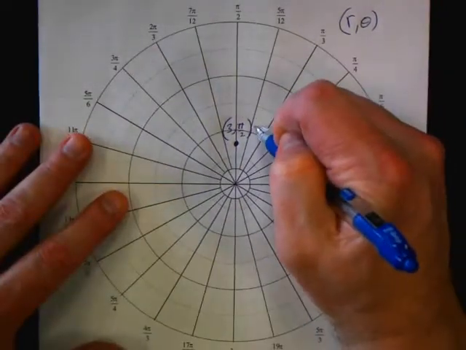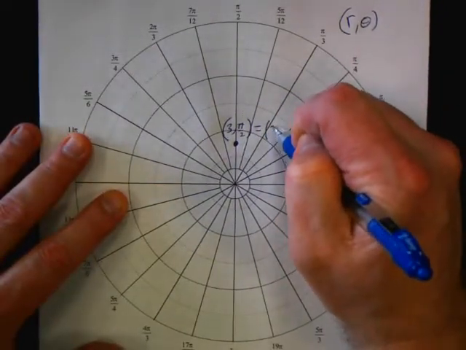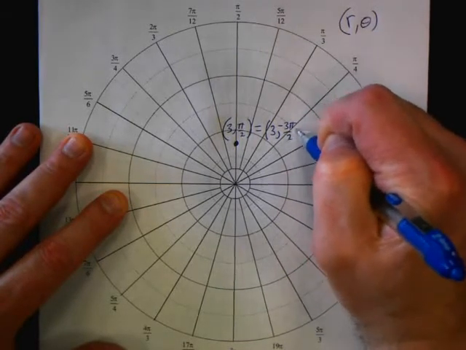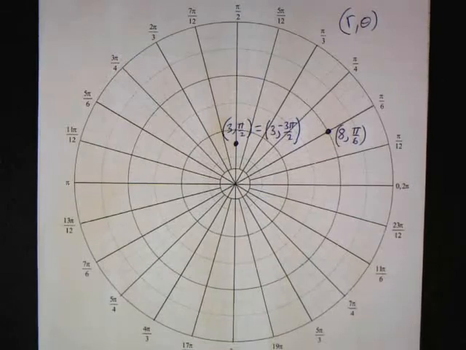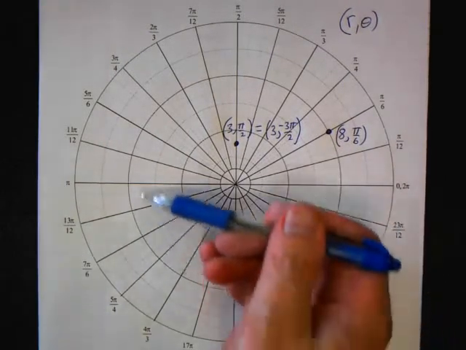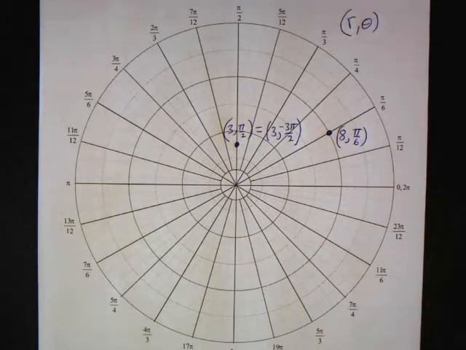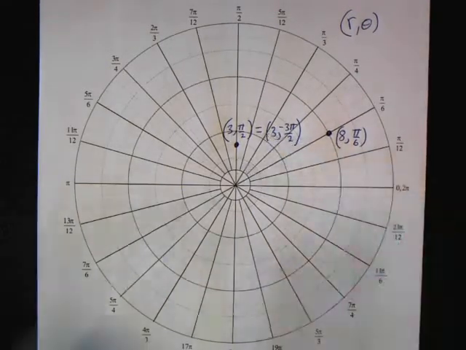This point is also 3, negative 3 pi over 2, isn't it? Couldn't I start here and go backward 3 pi over 2 as my angle, and then go up 3? Well, actually I would be going clockwise if I went that way. Yeah. So, there's a new wrinkle.